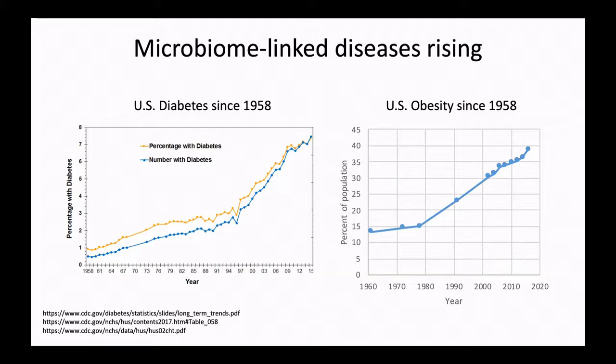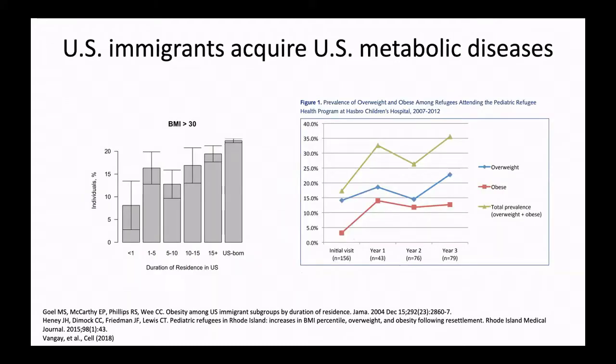And interestingly, these microbiome-related diseases and a lot of the autoimmune disorders are rising largely in the industrialized, westernized countries, not as much in developing nations. And something that you may not know is that people who move to the US from a developing nation tend to acquire the US risk of these autoimmune and metabolic disorders.